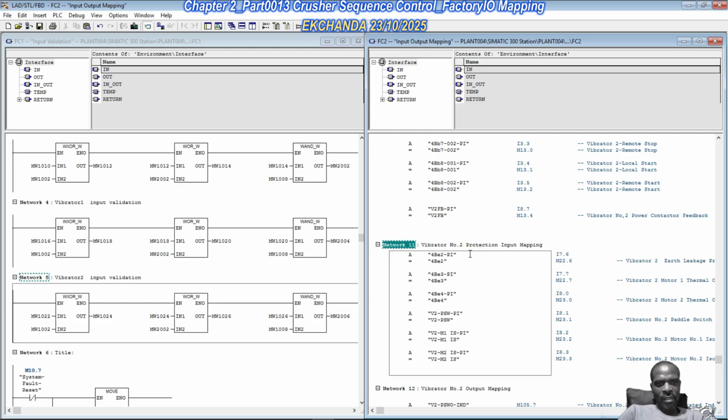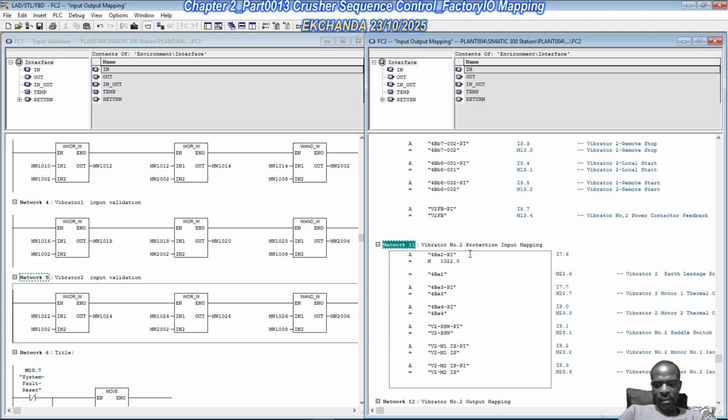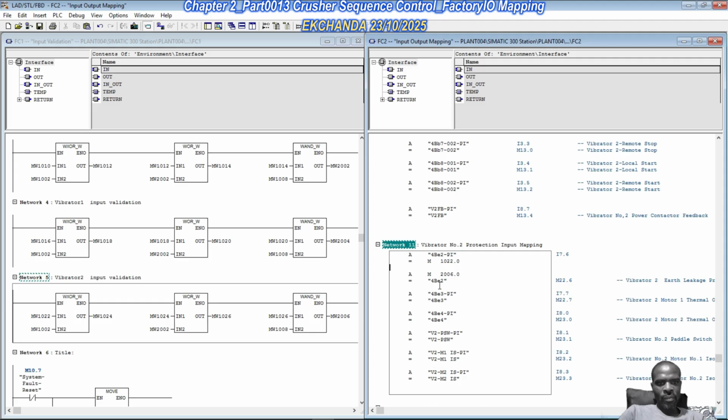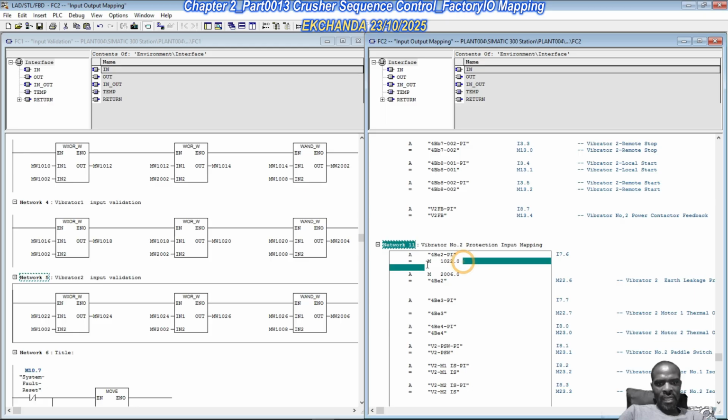So input 7.6 is going to pass its signal state to memory bit 1022.0, and then memory bit 2006.0 is going to pass its signal state to 4BE2, memory bit 22.6, which is what we've used in our logic. And based on the same reasoning, the same reasoning basically applies.